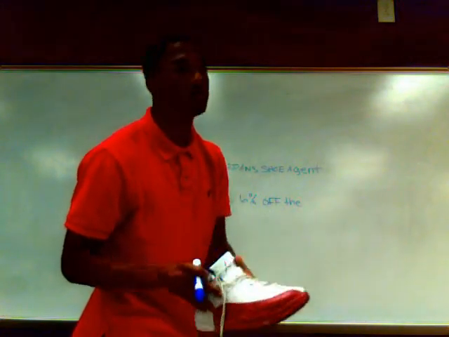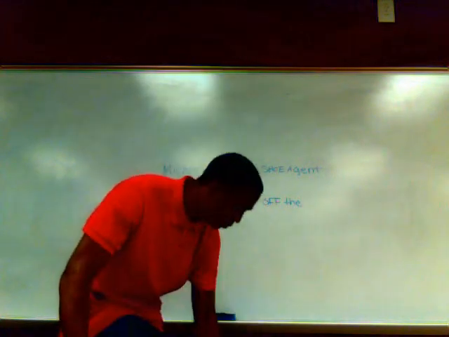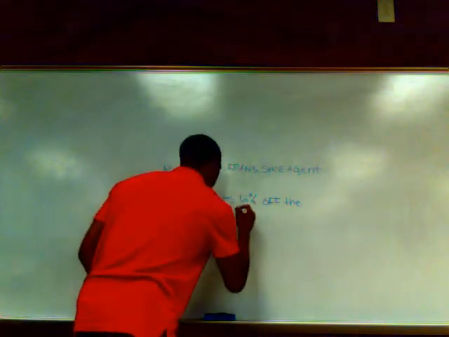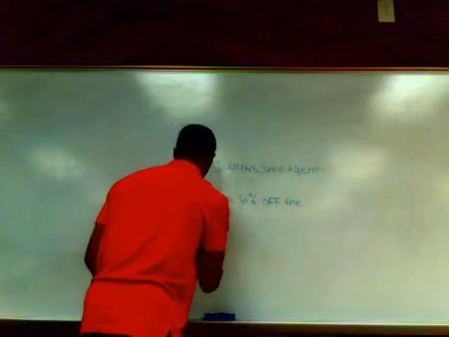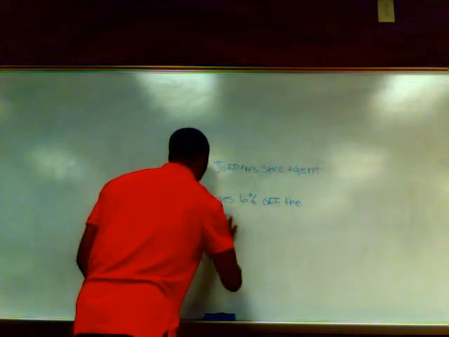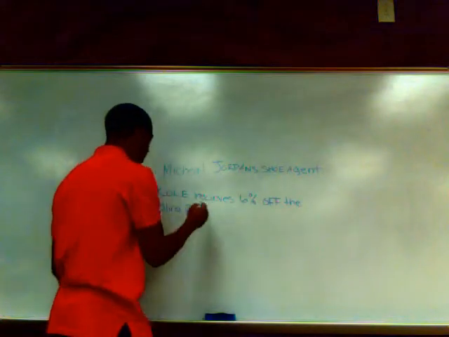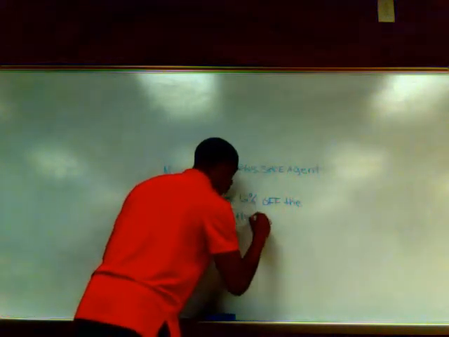And let's say what's the selling price for this shoe? $175 for a Michael Jordan shoe. So J. Cole receives 6% off the selling price of the Jordan 12s.